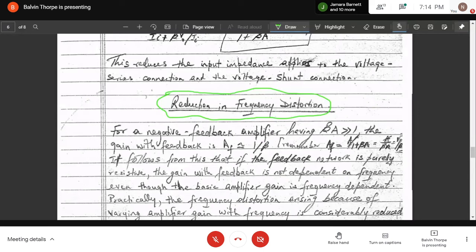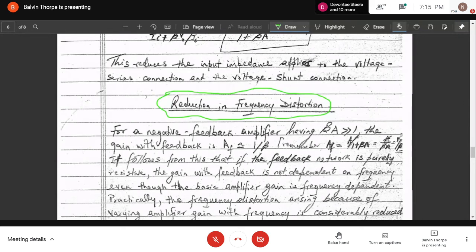But if you have a circuit that has purely resistive components in its feedback, because resistances are not frequency dependent, those networks with resistors only in their feedback will not be subjected to frequency distortion because they do not depend on frequency.